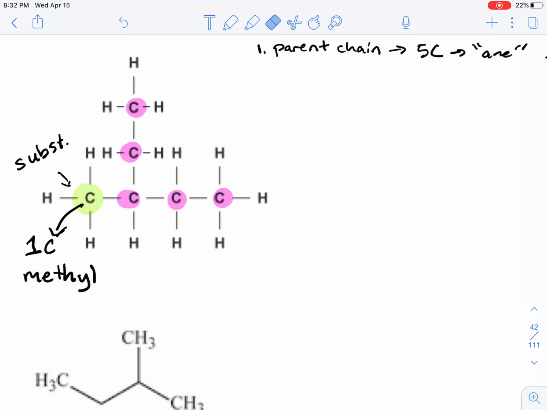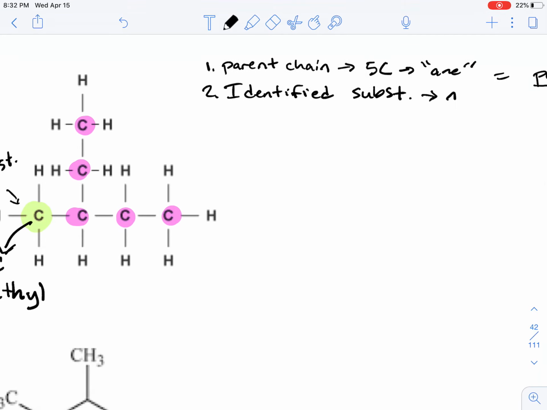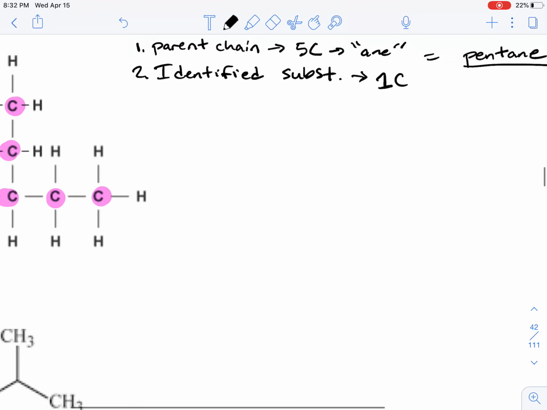Actually, we did a couple steps before this. So number 3, we identified the substituent. Okay, and so it's a 1 carbon substituent, so this is going to be methyl.